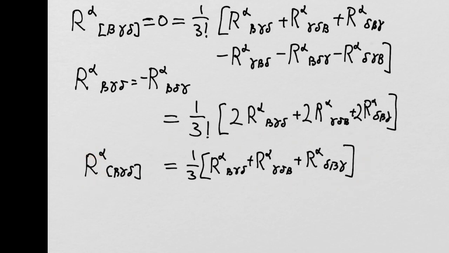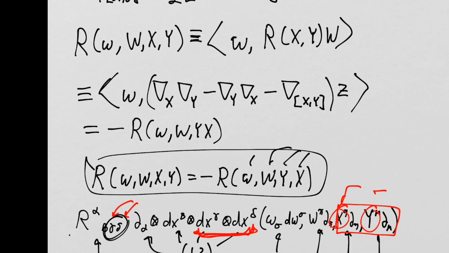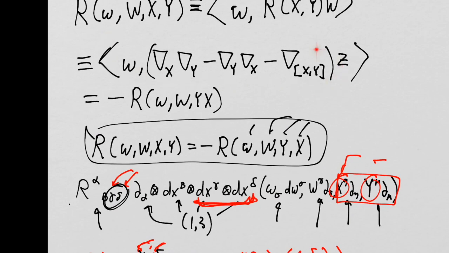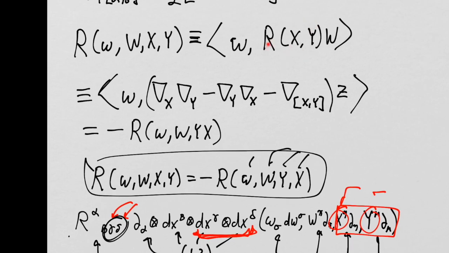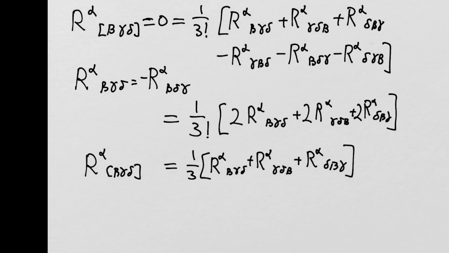And again, we're just playing around with definitions, right? This here is the definition of what this means. I haven't proven that this is true, but I have used a unique fact already. That's the unique fact derived from the definition of what the Riemann curvature is. If this wasn't the definition of the curvature mapping xy, then this symmetry wouldn't be true, and I wouldn't be able to execute this simplification.